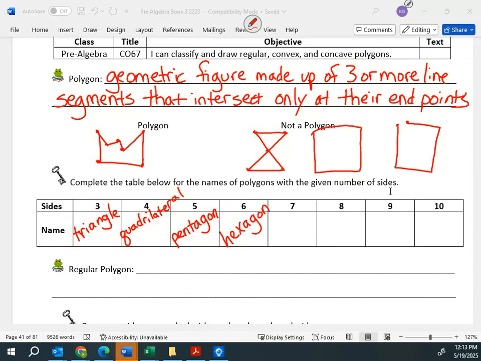What about a 7-sided figure? Fallon? Septagon? So there are 2 different names we could give to our 7-sided figure. One is Greek, one is Latin. One is septagon and one is heptagon. So it's got that P in there. Septagon, heptagon. They both mean 7.